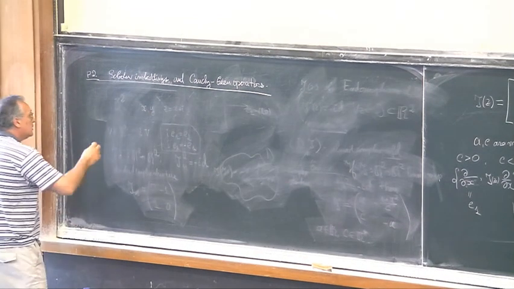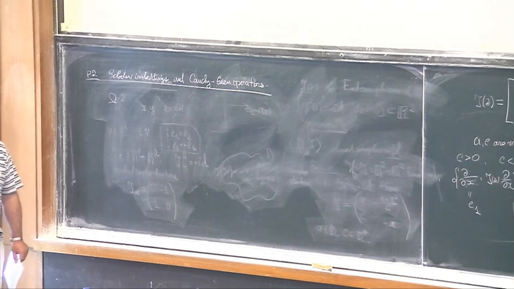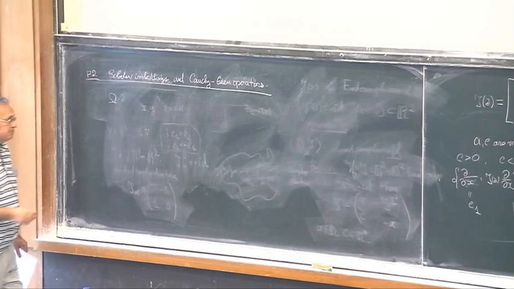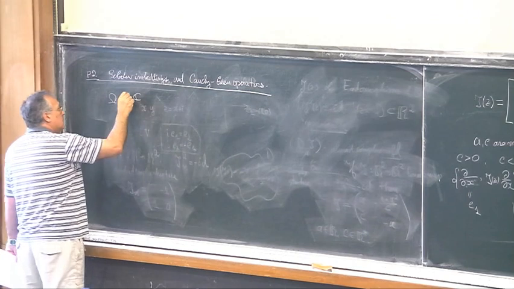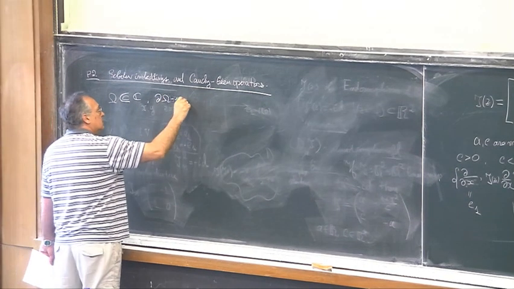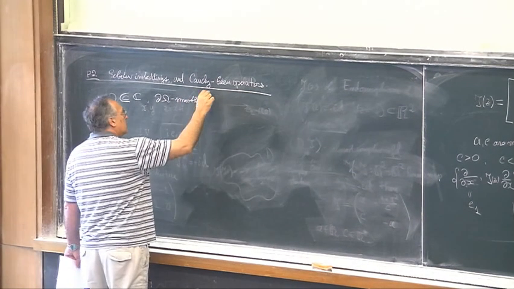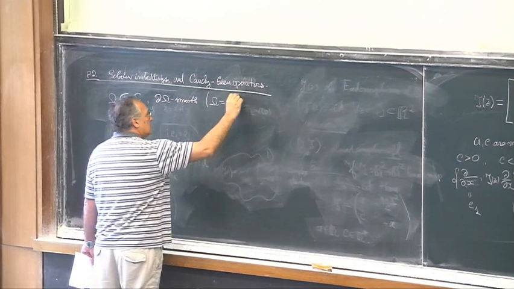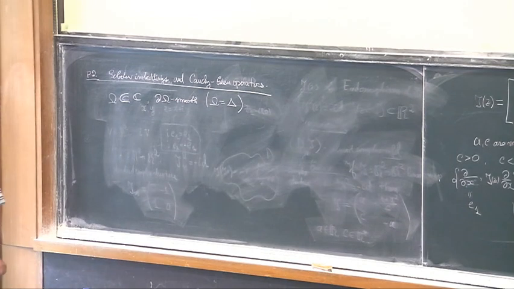By Omega I will always denote a smoothly bounded, relatively compact domain in C. In most cases, Omega will be the unit disk, but sometimes it will be the whole C, which is not relatively compact.